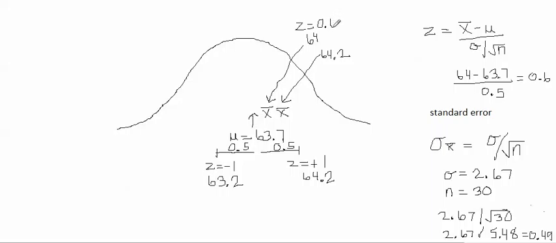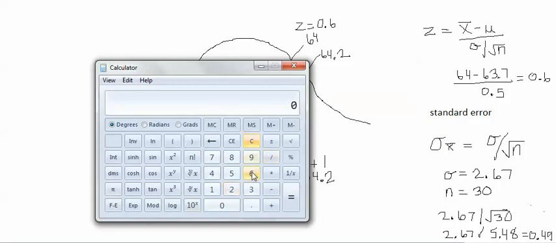Now what about this other sample mean? Well, we could just plug this in where 64 is to get that z-score. 64.2 minus 63.7.